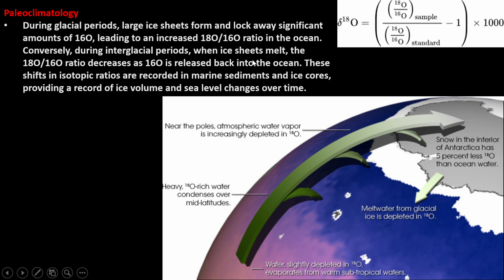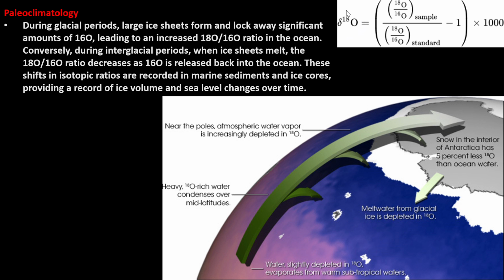So what does it mean? It means that whenever there is a global cooling period, the O16 will be locked in the glacier, which means the concentration of O16 will decrease and ultimately the O18 will increase. So overall the O18 sigma will increase.